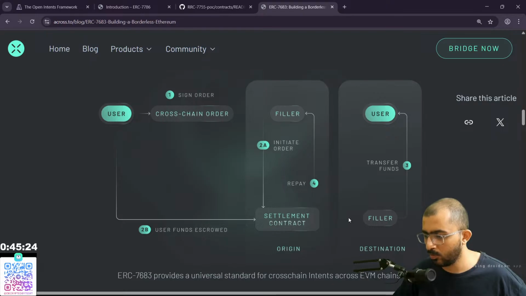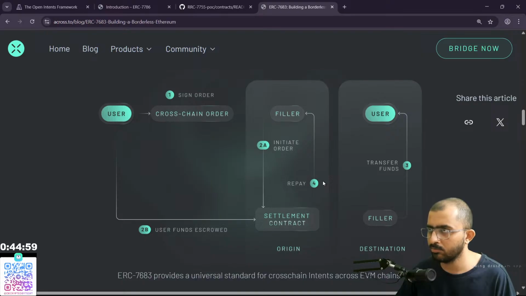But how? I don't understand how this contract interacts with these fillers, and how they send the guarantees. What are the trust assumptions? I don't know.